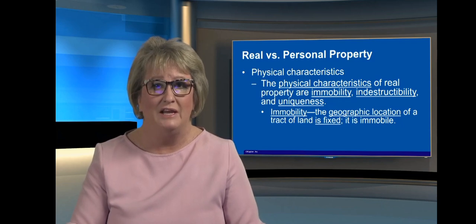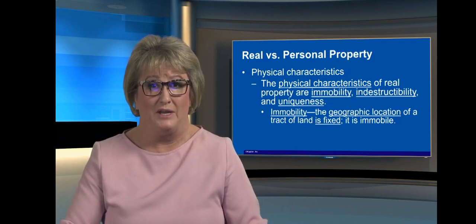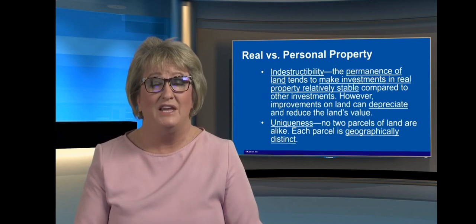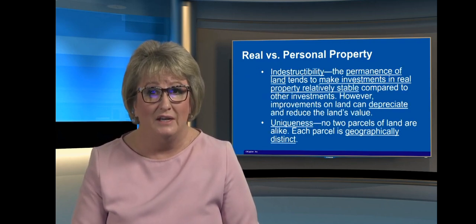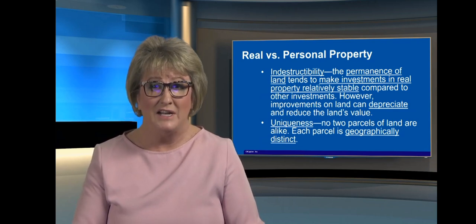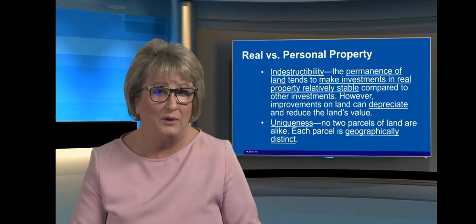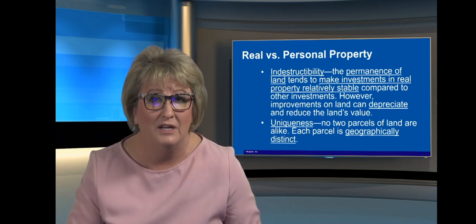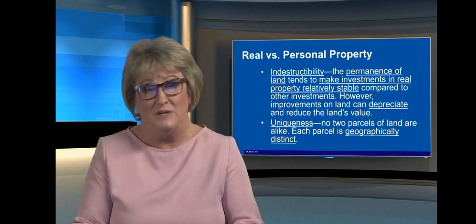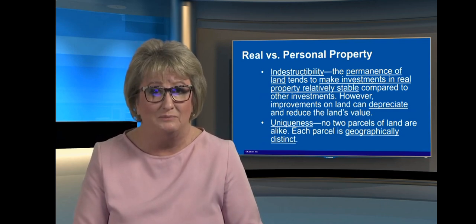So anything that is real property is also fixed. Indestructibility, the permanence of land, tends to make investments in real property relatively stable because it's indestructible. Compared to other investments, land is indestructible.